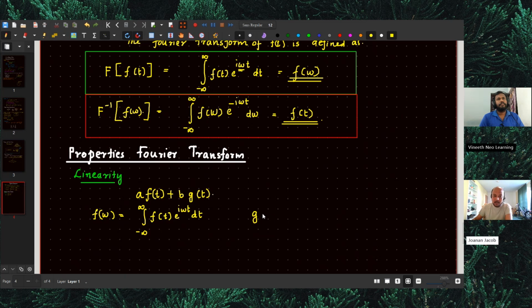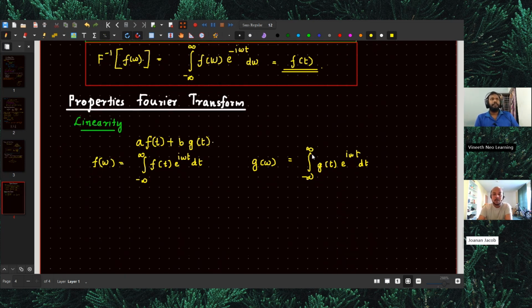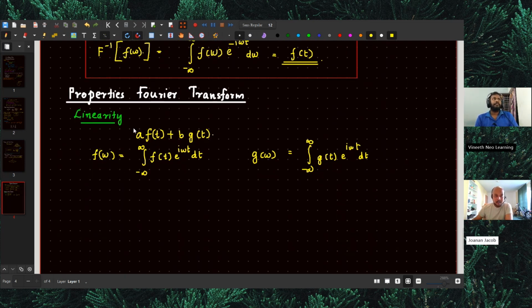And G of omega, the Fourier transform of g, will be the integral from negative infinity to infinity of g of t e raised to I omega t dt, isn't it? Now let's find out the Fourier transform of this combination as a whole.